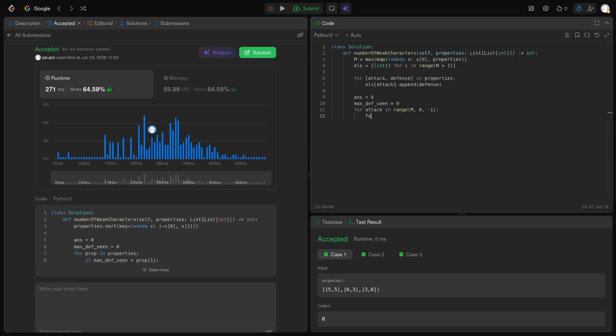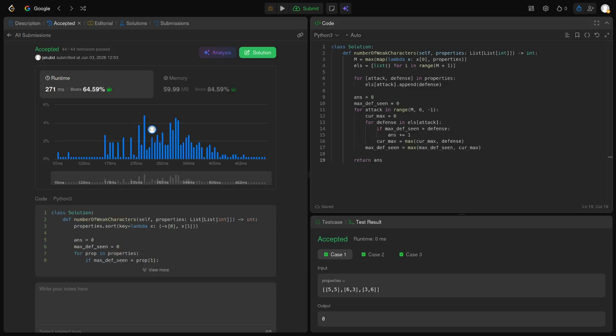And now for defense in else attack, current max is here, so now if max def seen is over defense, ans plus equals 1, current max is the max of current max and defense, and then max def seen is the max of max def seen and current max.